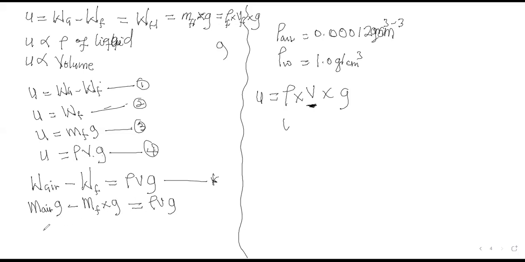We can factorize gravity out so that we have mass in air, the real mass, minus mass in fluid, which is the apparent mass, times gravity, equal to rho Vg. Gravity at the left-hand side, gravity at the right-hand side. So we have mass in air minus mass in fluid equal to rho V. G has cancelled out.